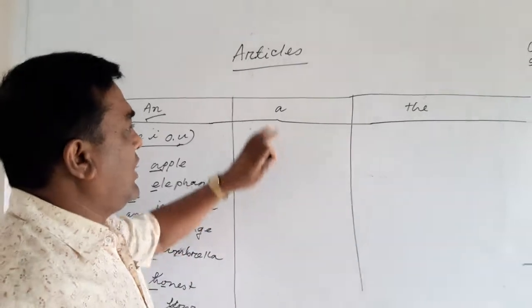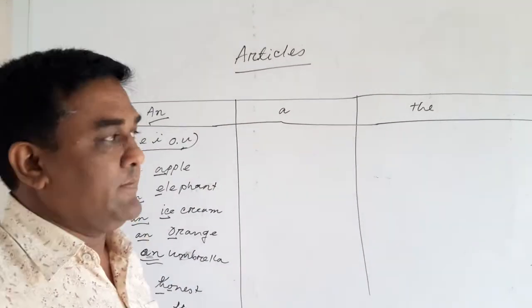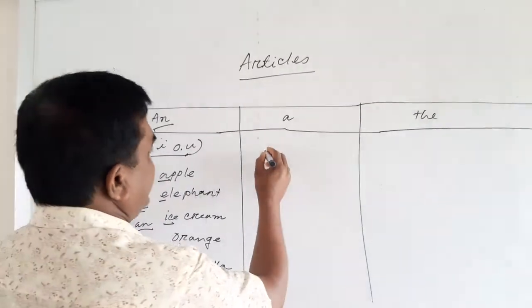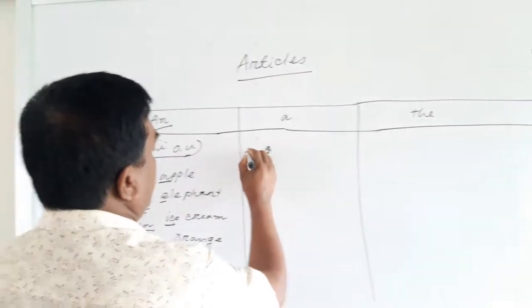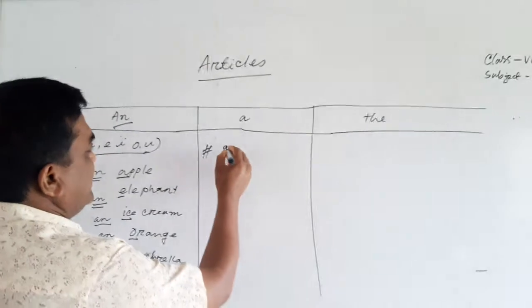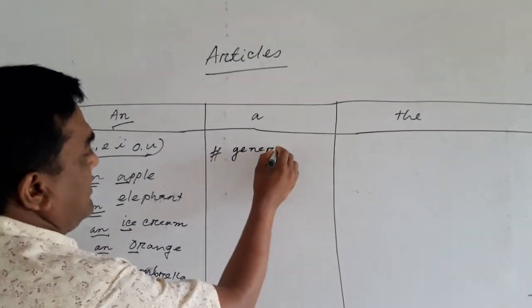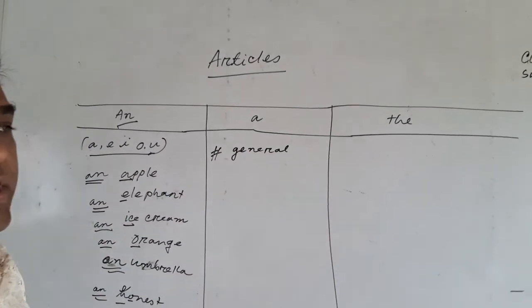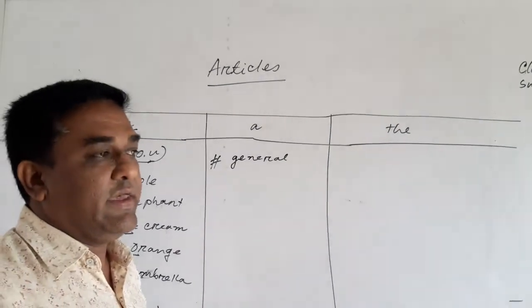Now, where we can use A. At first I write down some points. General. That means when we say something in general.